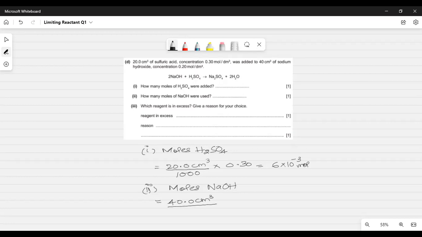We are going to do the same with it, divide it by 1,000 to convert it into decimeter cube, multiply it with its own concentration, which is 0.20 mole per decimeter cube. And it gives us the answer to be 8 into 10 raised to power minus 3 moles. Okay, so that's the number of moles of H2SO4 and NaOH that we have.